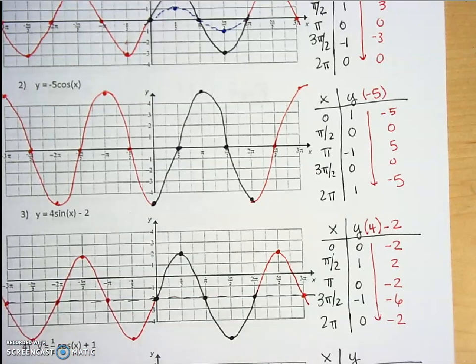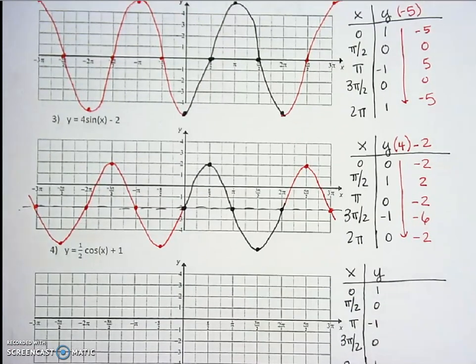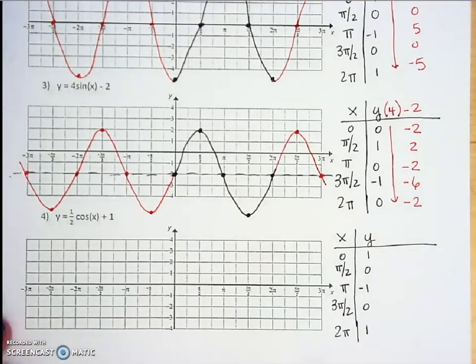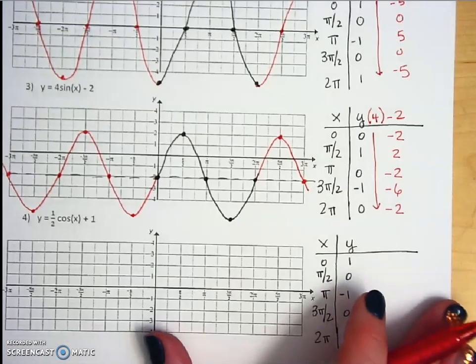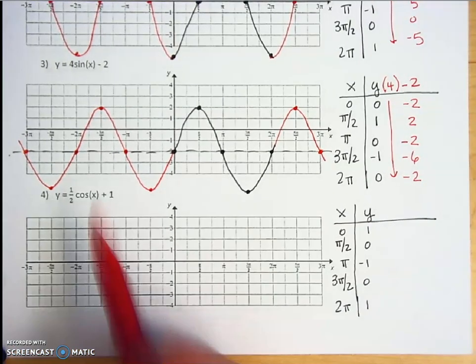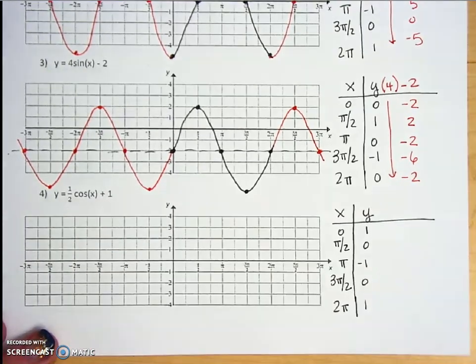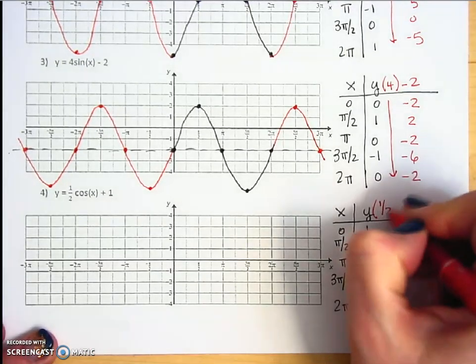All right, and then on this last one, we are multiplying our y values by 1/2 and then adding 1. Times 1/2, add 1.